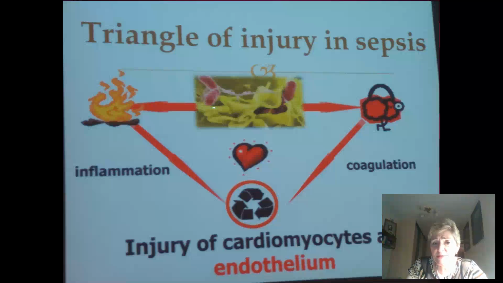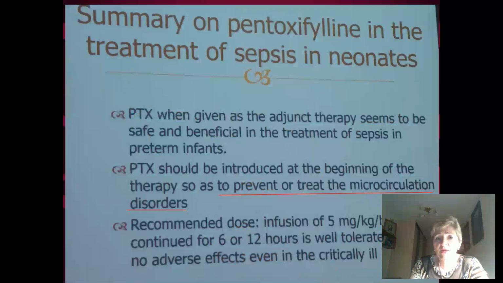Triangle injury in sepsis includes inflammation, coagulation, and disorder of endothelium and cardiomyocytes. For prevention of this coagulation disorder, pentoxifylline is recommended for treatment of neonatal sepsis. Pentoxifylline is recommended to prevent or treat microcirculation disorder.